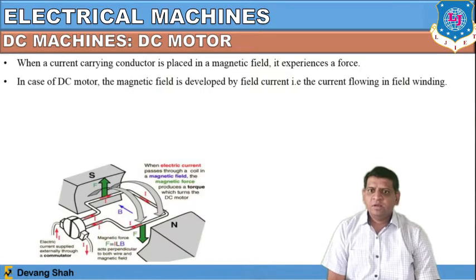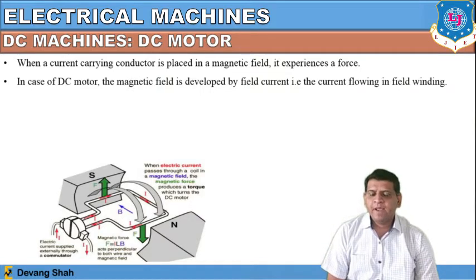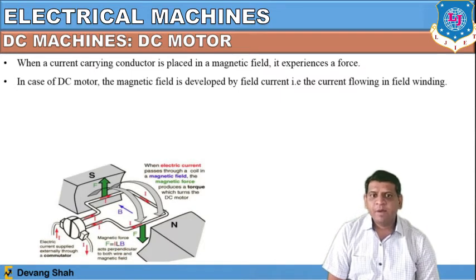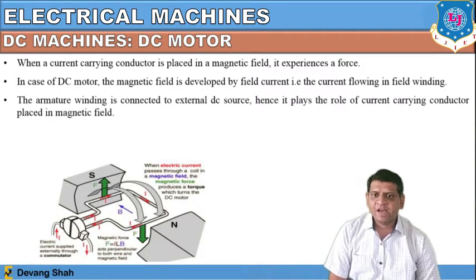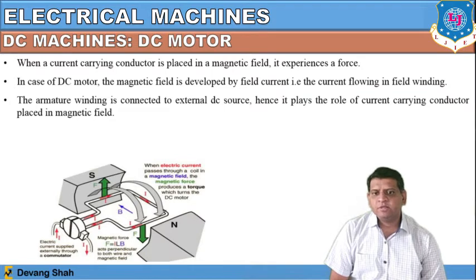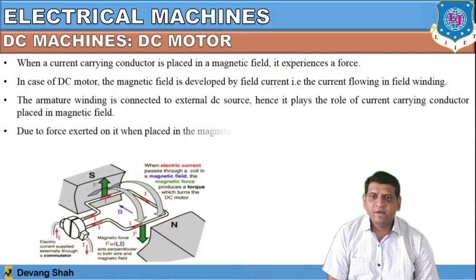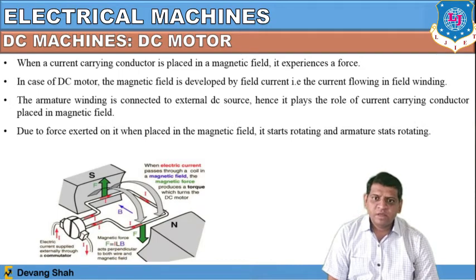In the DC motor, the magnetic field is developed by the field current flowing in the field winding. The armature winding is connected to an external DC source, and hence it plays the role of a current carrying conductor placed in a magnetic field.